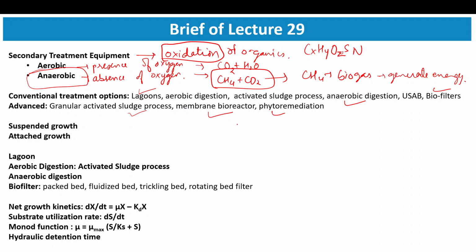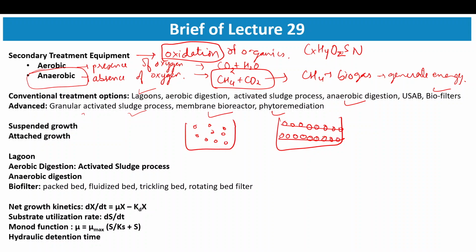For both aerobic and anaerobic processes, you can have two types of microbial distribution inside water. It can be uniformly distributed in water, or you can provide a surface where you have a layer of bacteria, where you adhere the bacteria.